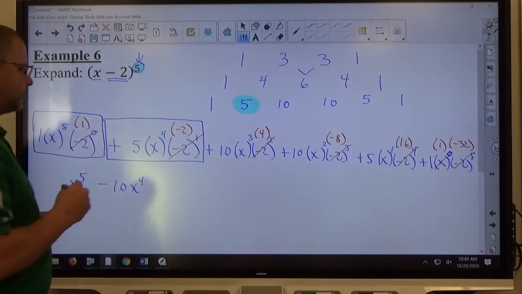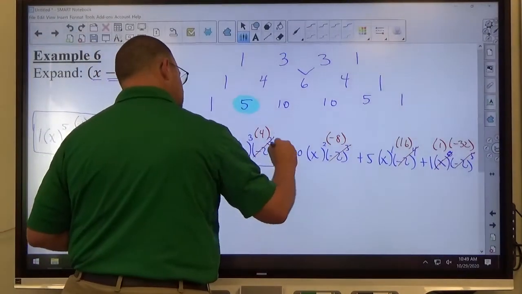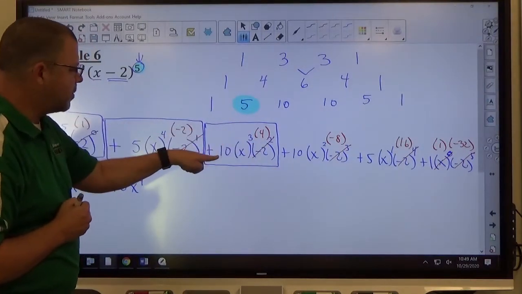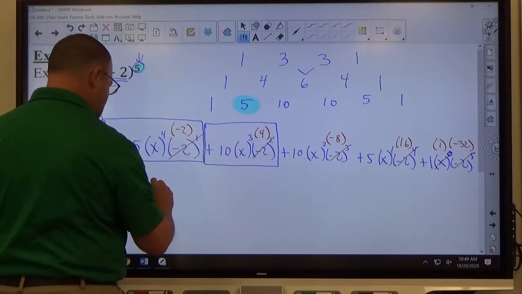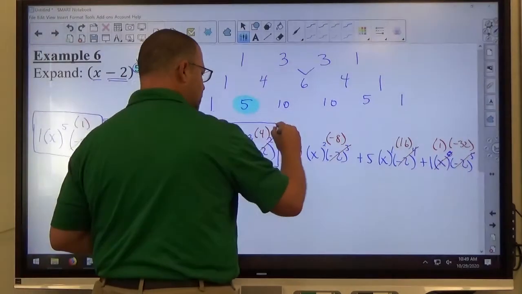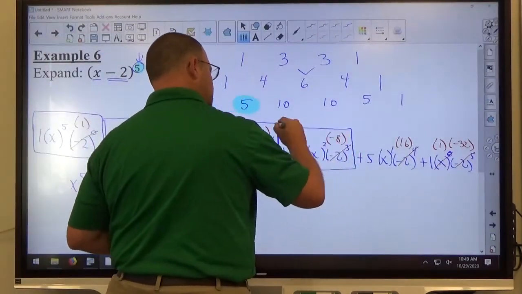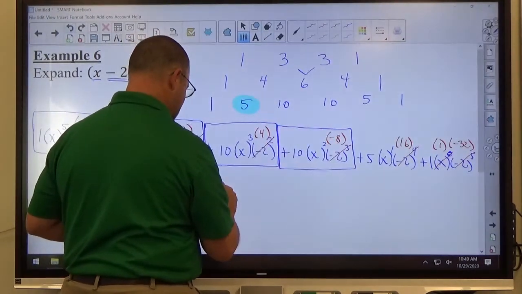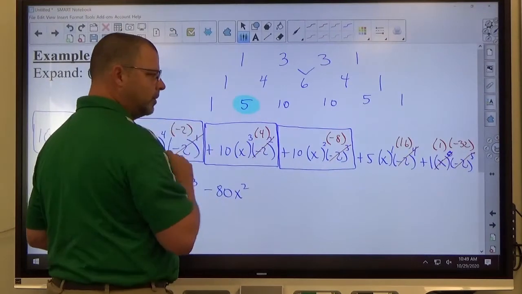Next object. Okay. I've got positive 4 times positive 10 times x cubed, that makes positive 40x cubed. Next term is here. I have positive 10 times negative 8 makes negative 80 x squared.